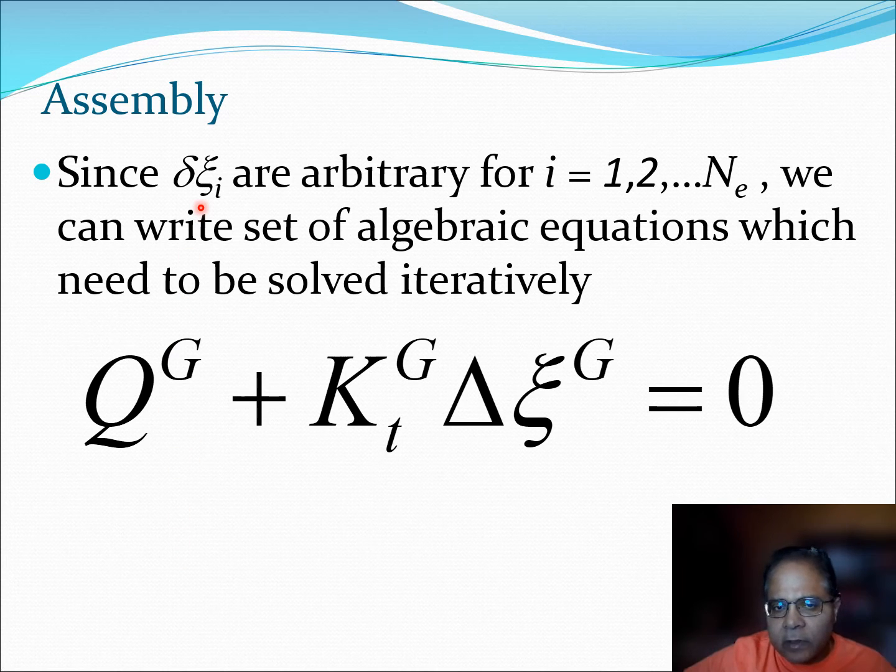So you can then assemble these equations just like we do it in the spatial domain, and then the equation essentially becomes a system of this form: q_g plus k_tg delta psi_g is 0, and since we know q_g and k_tg, we can solve for psi_g, and we have to keep doing this process because of the nonlinear nature of the system.